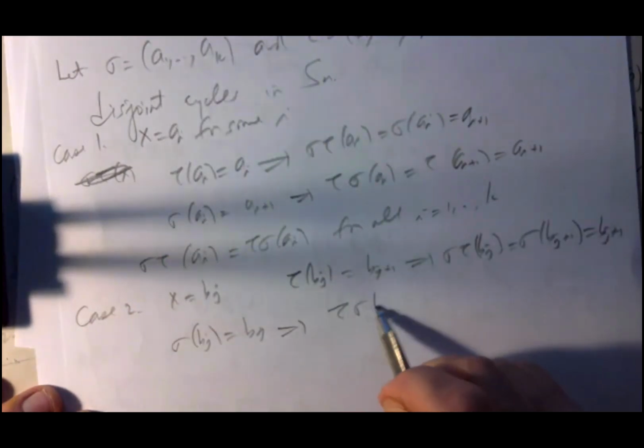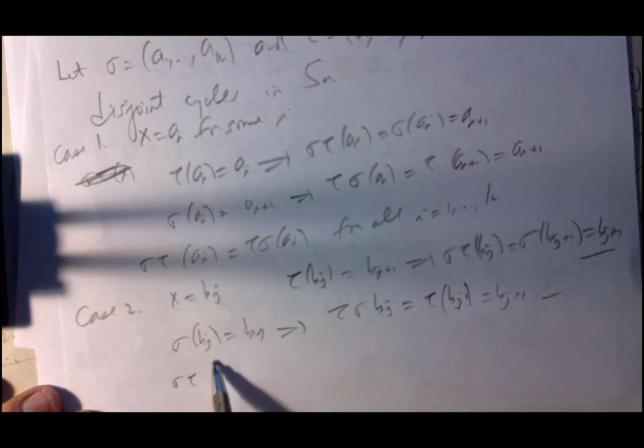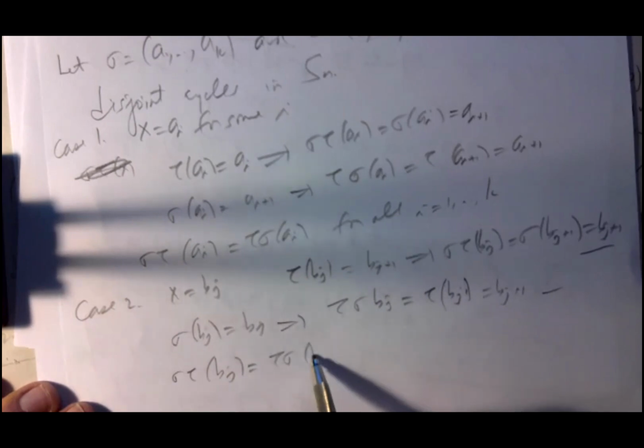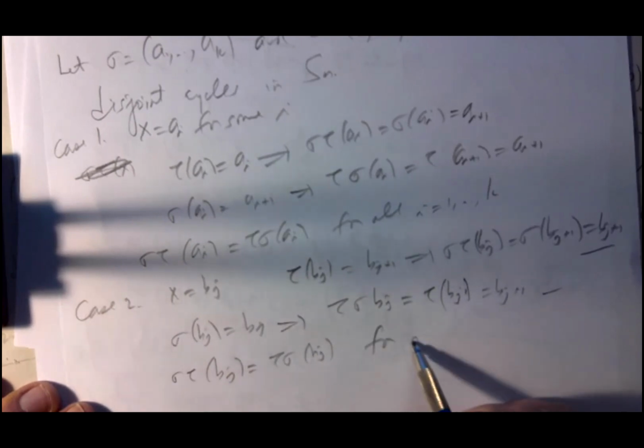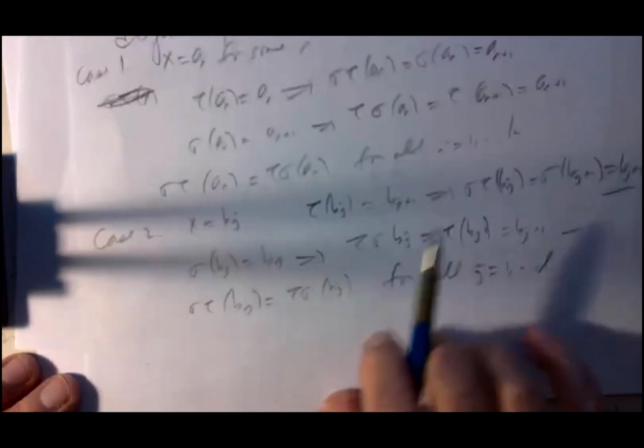And so tau sigma of b_j is equal to tau of b_j, which is b_j plus 1. So we end up at the same place. So sigma tau of b_j is tau sigma of b_j for all j from 1 up to L.